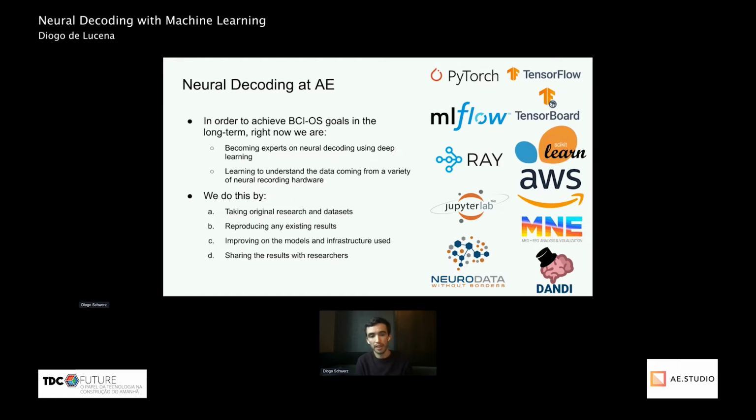And the goal of that is really to give it back to the neuroscience community, tools that are easier to use, that don't require so much software development, but really just the neuroscience part, and the software development and the data science part we do, as that is our expertise. And we do that by using a bunch of different tools that are out in the market and really putting them to good use.